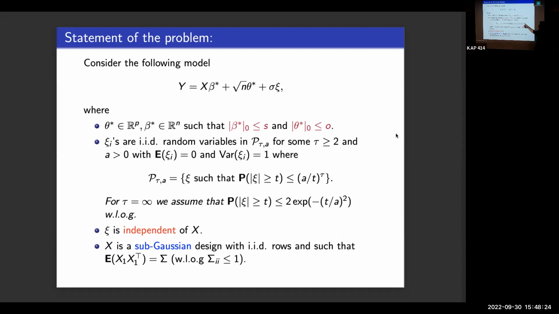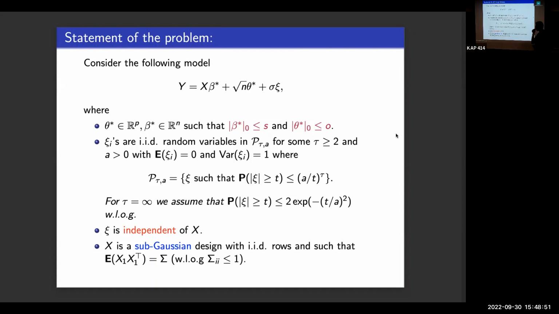As tau grows, tau infinity, with an abuse of notation, would correspond to the sub-Gaussian case, a very nice distribution. So we assume that we know the class of distributions the noise belongs to, but we don't know exactly which distribution it is. It just belongs to this class that has these deviations. We're not making a lot of assumptions here.